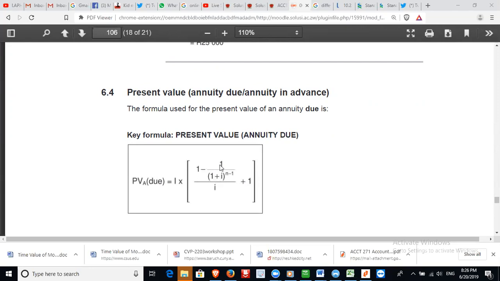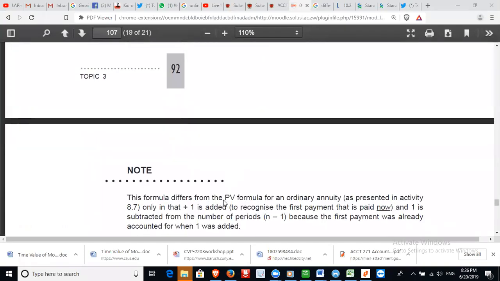Then you say 1 minus that. Then this amount that you get from subtracting this element from 1, you divide it by the interest element, and whatever you get, you say plus 1. Are you together? So you first calculate 1 plus I, then n minus 1, which is your number of periods minus 1.